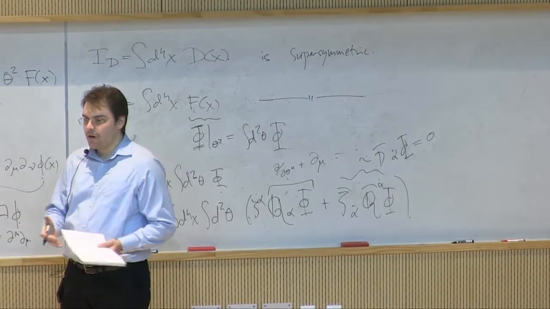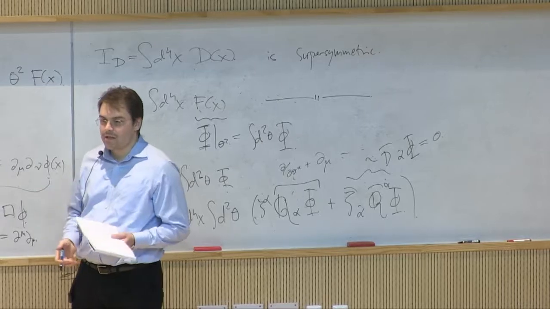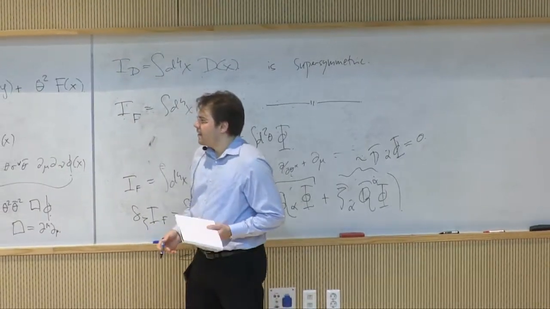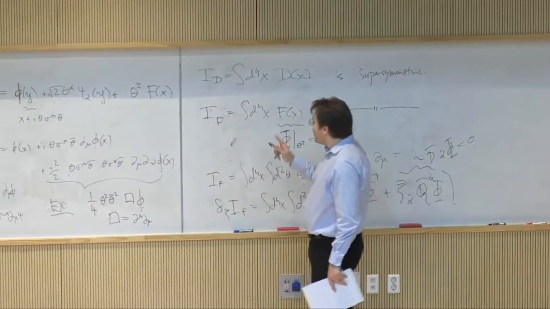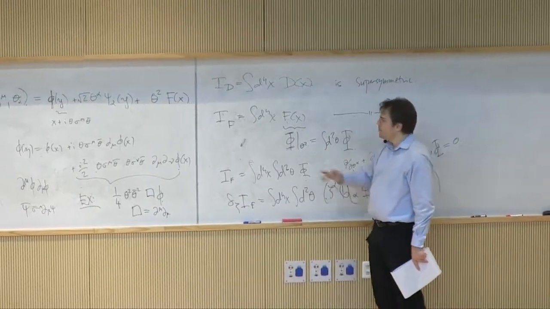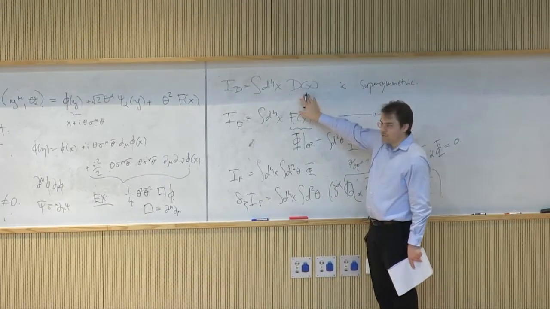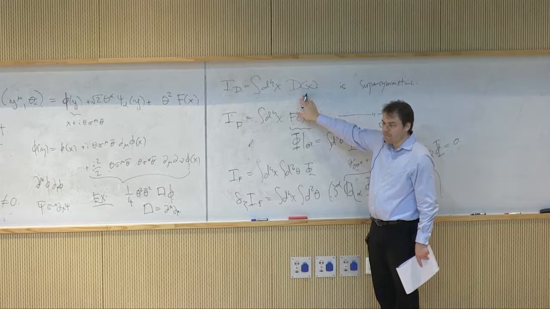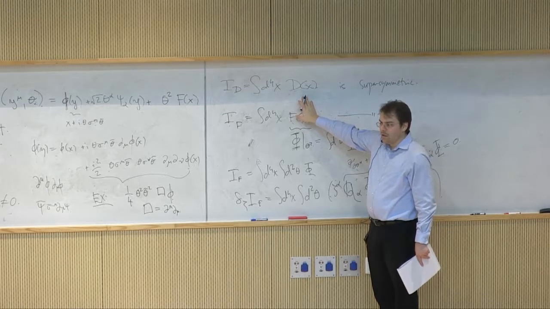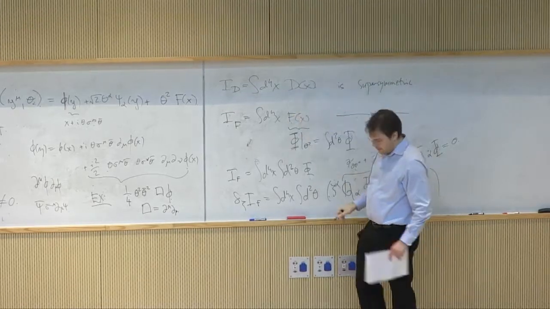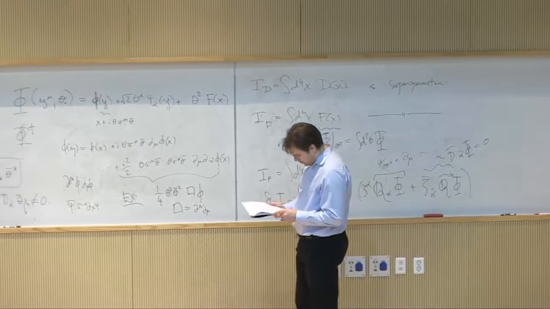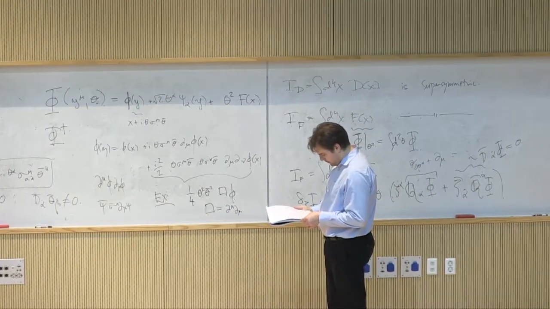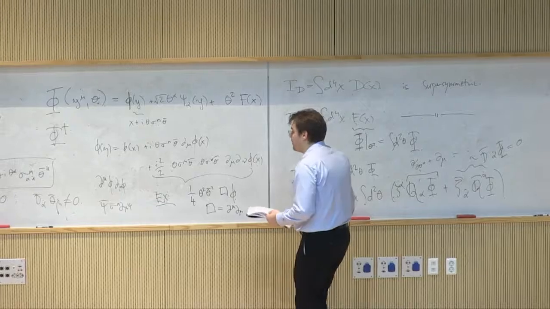Phi is chiral, Phi bar is anti-chiral, but their product is neither. And that means that we should not use the F term Lagrangian here. We should use the D term Lagrangian. We should try to construct a supersymmetric D term based on the long superfield Phi dagger Phi. So let's do that.